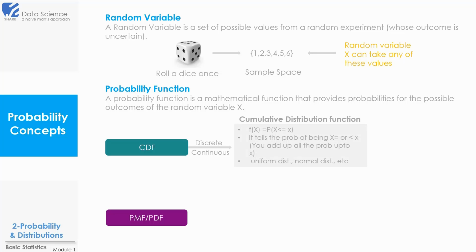Now in the case of CDF, whether a random variable is discrete or continuous, it is given as F(x) is equal to the probability of capital X, that is the random variable, being less than or equal to small x, which means any value of x. Now it could be a uniform or normal distribution, etc. We will learn these distributions in the upcoming slides.